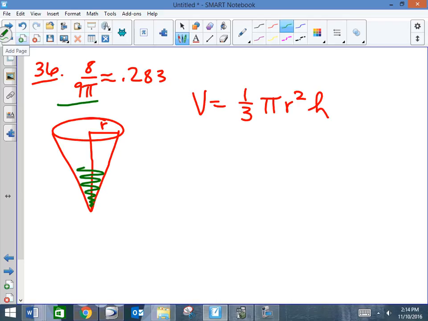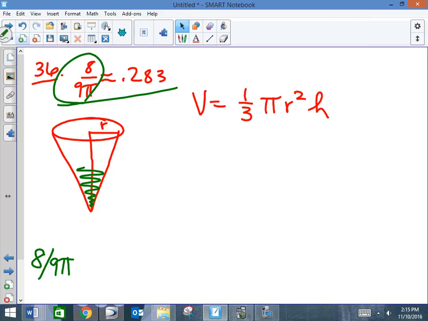Okay. This you gotta be careful of, because if you do your standard 8 divided by 9 pi like that, the calculator is not doing this. It's doing 8 divided by 9 times pi. I think what they did was the change of the volume, but I called that the change of the height.